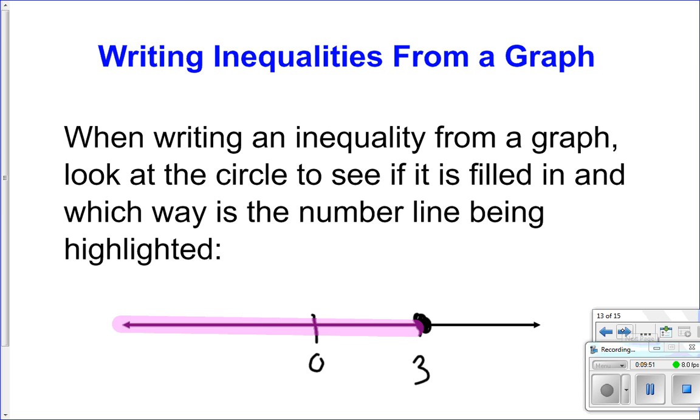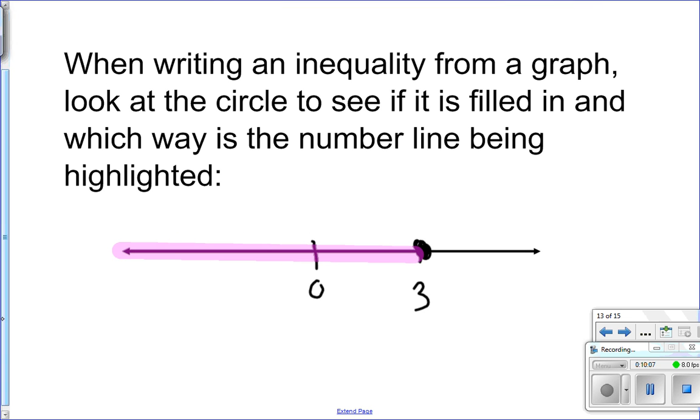Then finally, writing inequalities from a graph. So when writing an inequality from a graph, look at the circle to see if it's filled in and which way the number line is being highlighted. So I see that it starts at 3, and I see it's a closed circle.